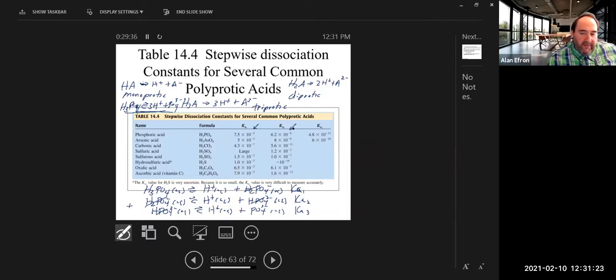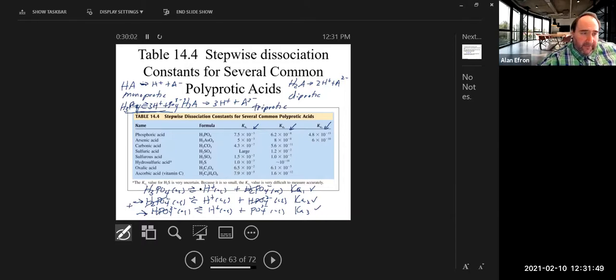Then the Ka value for the second H to come off is like 6.2 times 10 to the -8. And then the third one, 4.8 times 10 to the -13. The K values get smaller after each H+ comes off. And that means that we mainly have reactants there in those steps, which means not a lot of H+ is coming off in each of those steps.